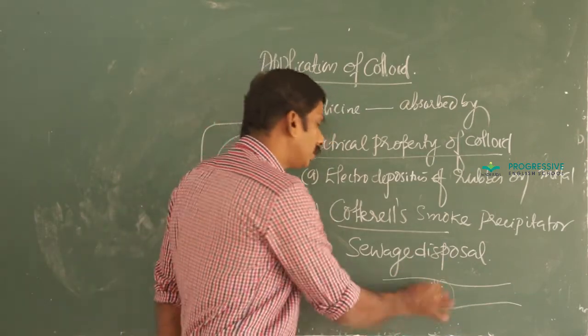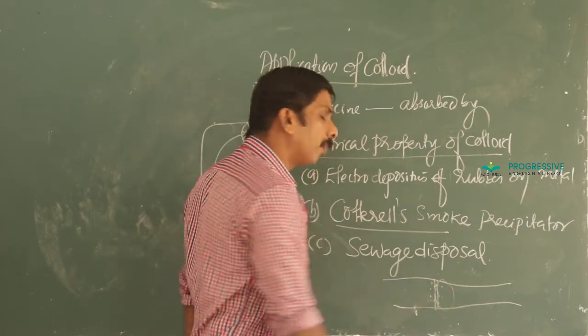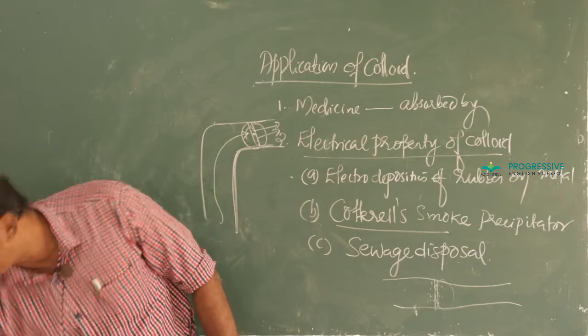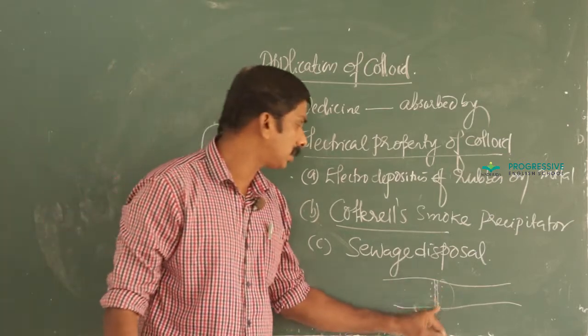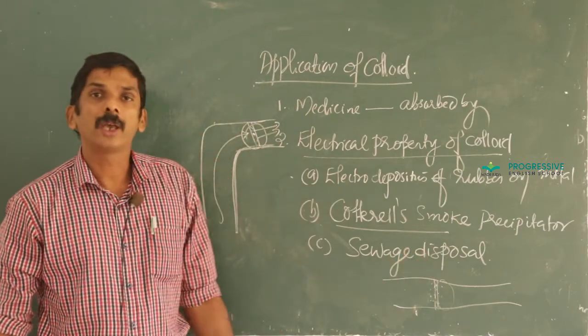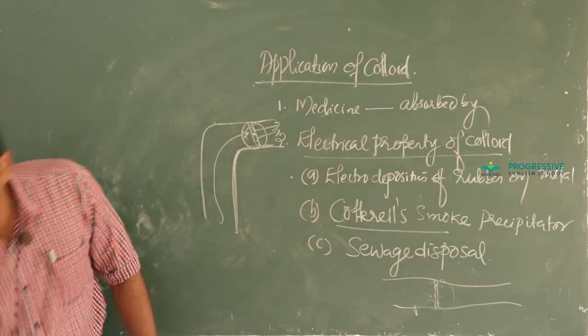That is, due to this electrical property of colloidal range, muddy particles and other particles get deposited on the charged plate, and this pollution can be minimized to a certain extent.